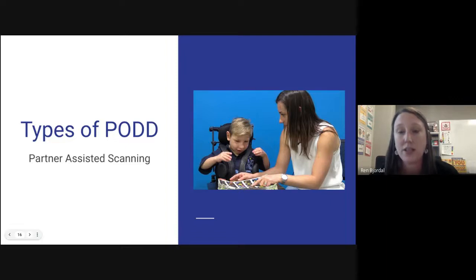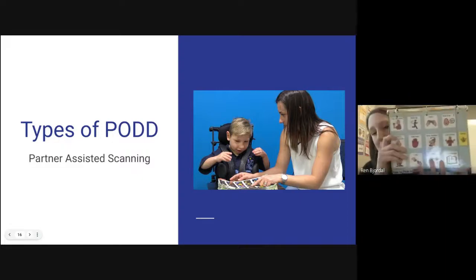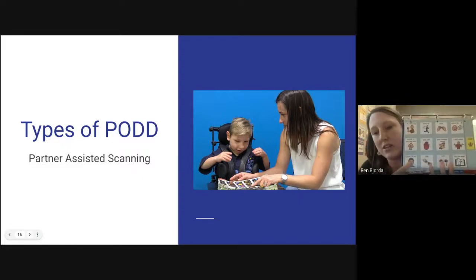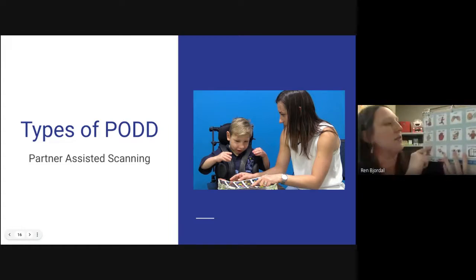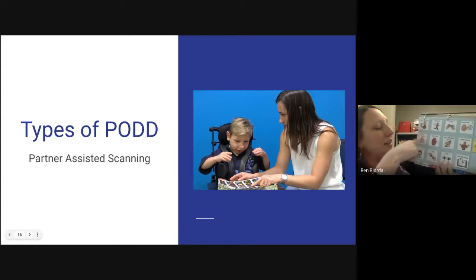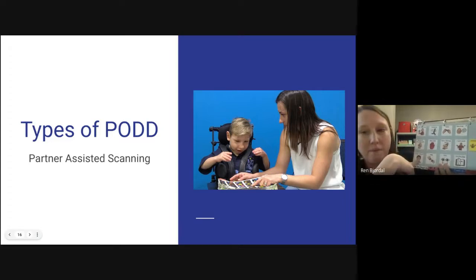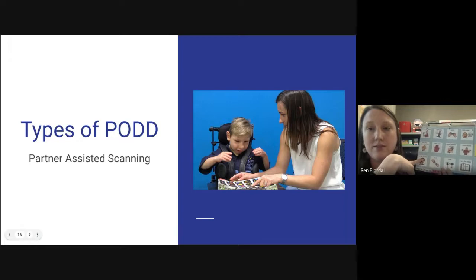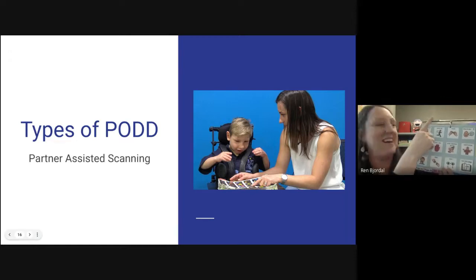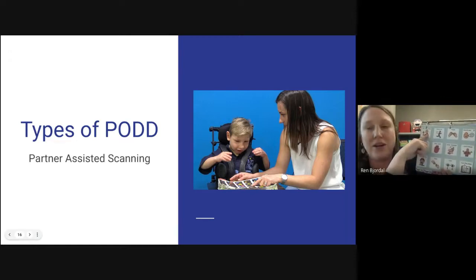This is generally, I think you can individualize it to your client, but generally what you would do is it would be set up in columns. So you'd have columns like this, and you would scan the first column and read the 3 items. So this one is I, you, uh-oh. If they wanted one of these 3, they would indicate, like, yes, I want this column. And then you would read them slower and wait for a response.